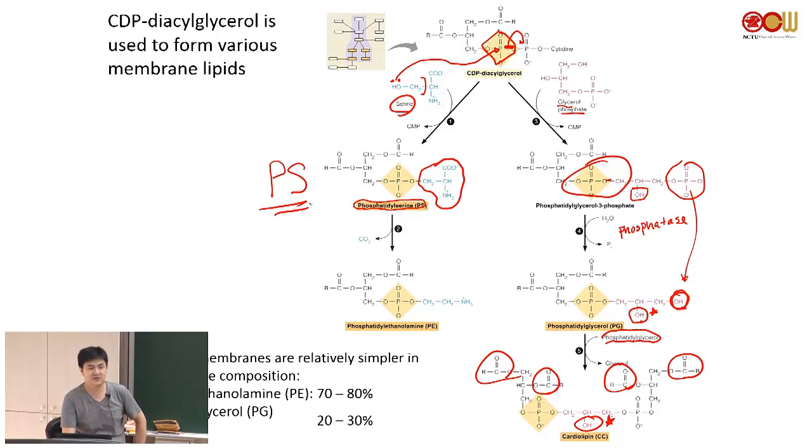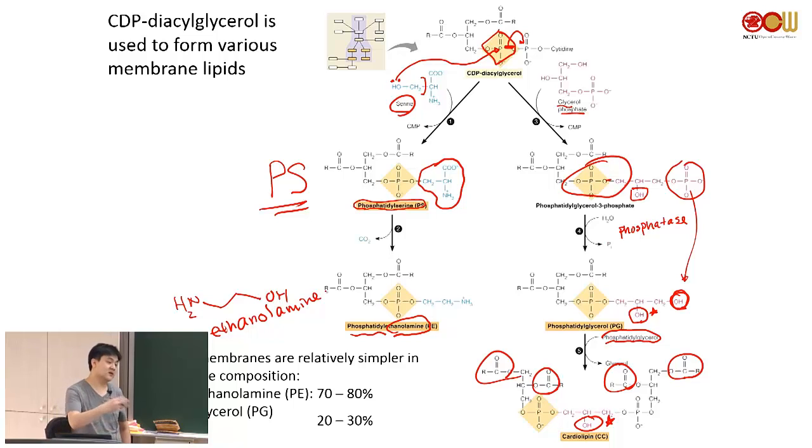We say, PS, I don't like it. I want this thing called PE, phosphatidylethanolamine, okay? What the heck is ethanolamine? This is ethanol, and if you put an amine after it, it's called ethanolamine.